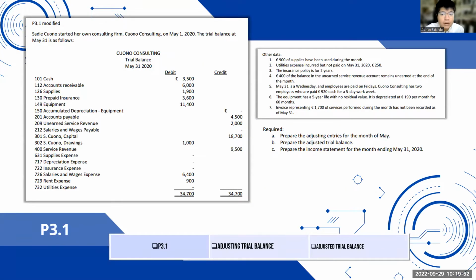So again, looking back at Kono Consulting, what was given to us would be the unadjusted trial balances and some pertinent data with regards to entries that would affect our accruals and deferrals, right? So kindly get your Kono Consulting so that you can follow our worksheet process.